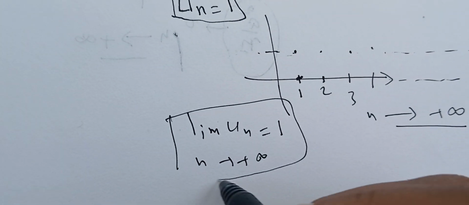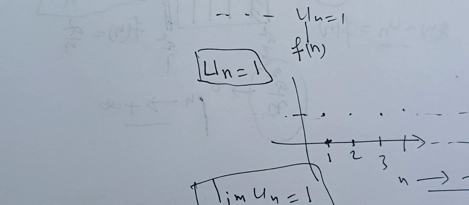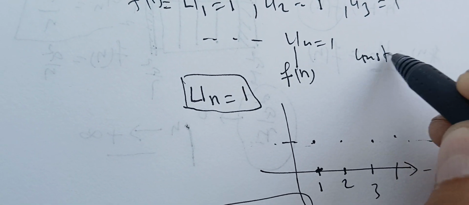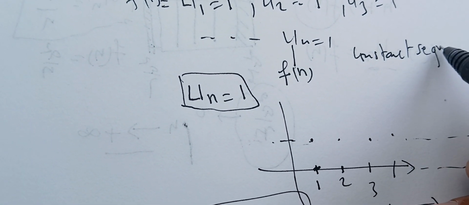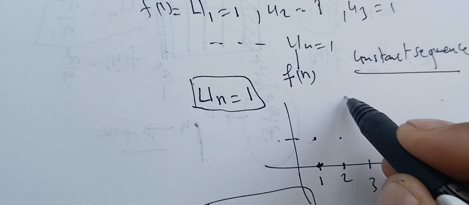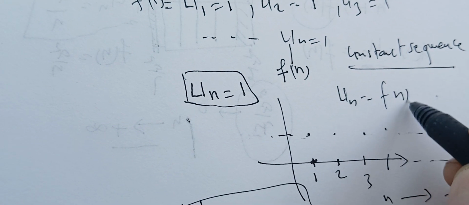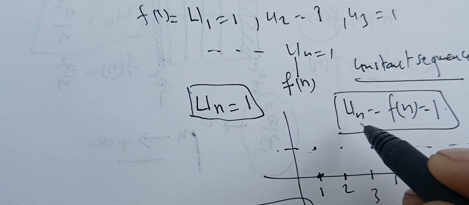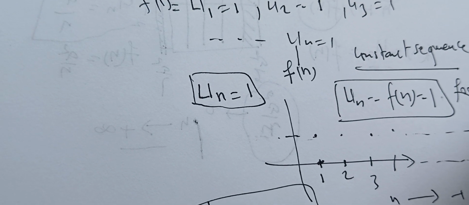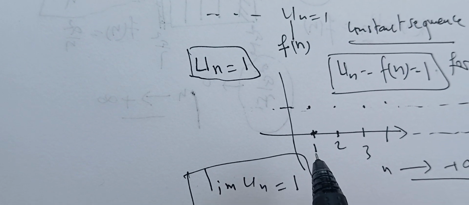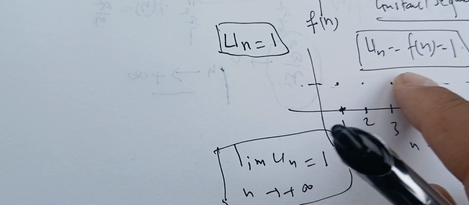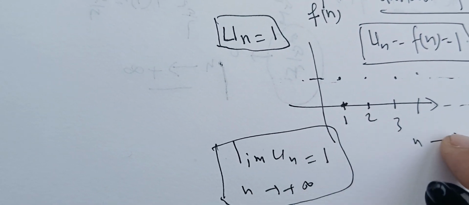Okay, well, in fact here we have defined what we call a constant sequence, or a constant function, because u sub n, which is f of n, is 1 for all n in N. So we are introducing this concept of limit because it's part of the sequence.